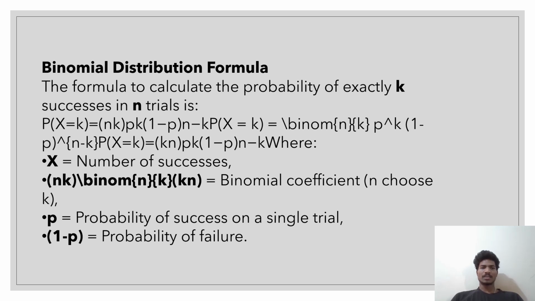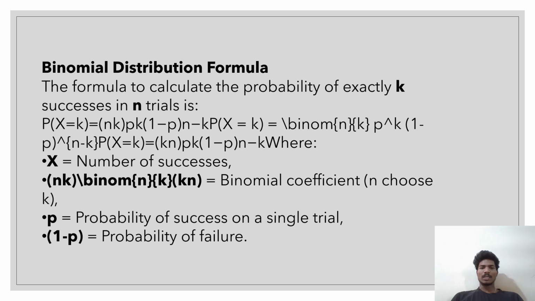P(X = k) = binomial(n, k) times p to the power of k times (1 minus p) to the power of (n minus k), where X is the number of successes and binomial(n, k) is the binomial coefficient, n choose k.